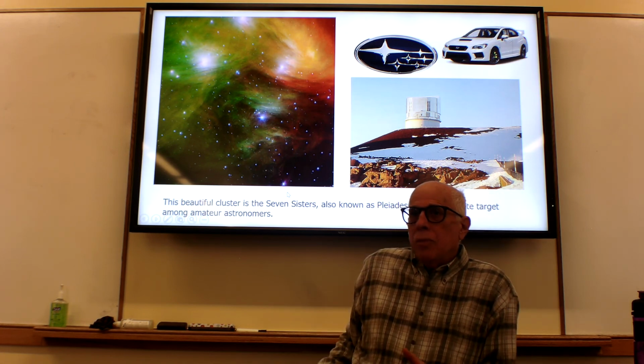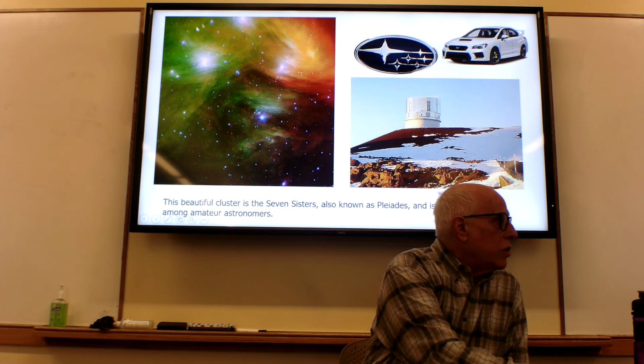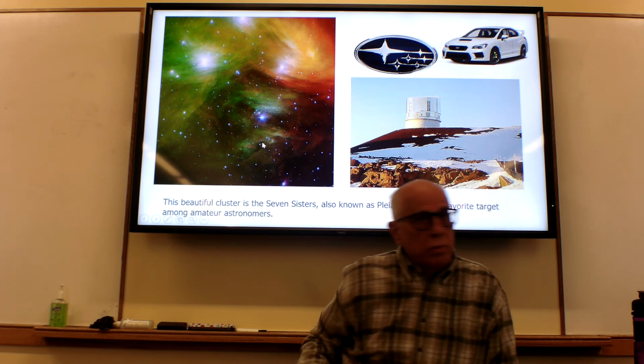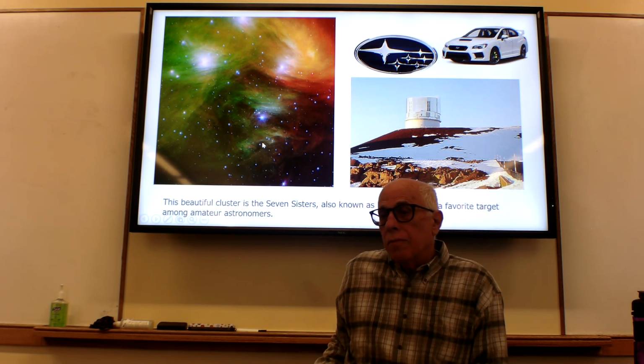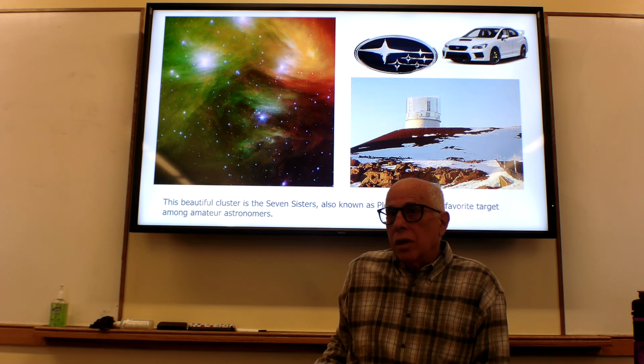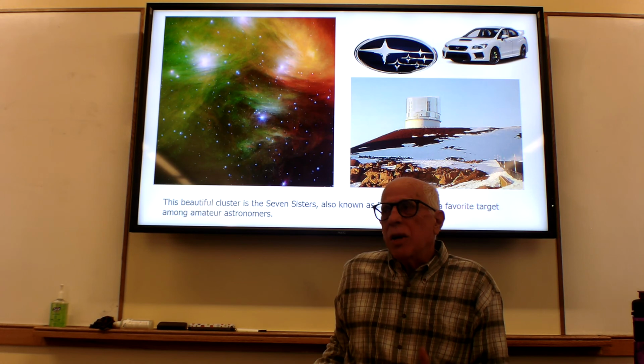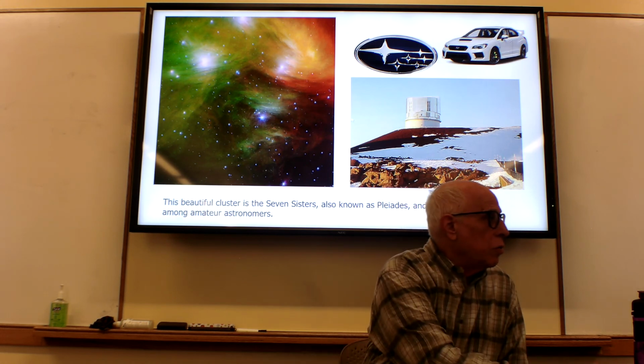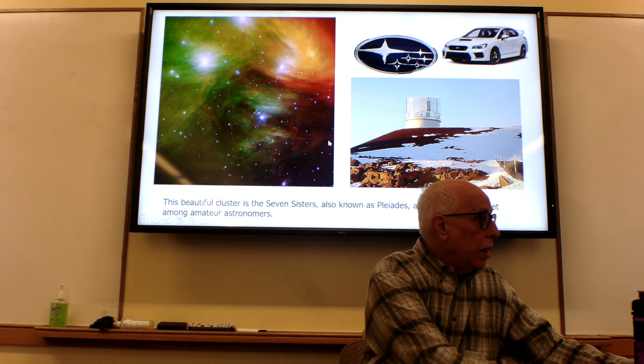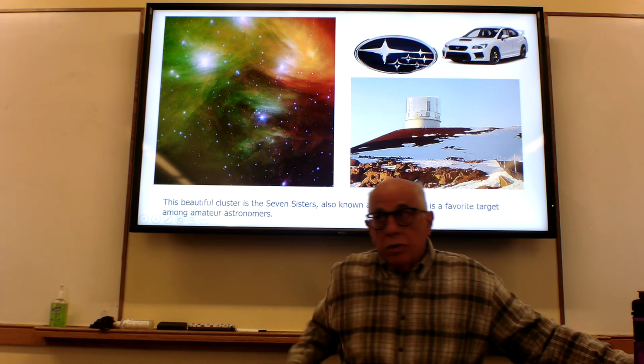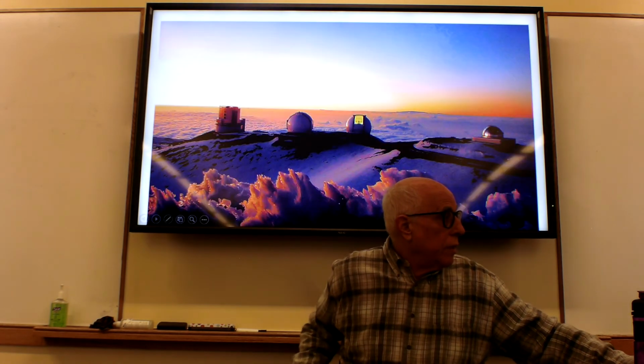So for astronomers, they know there are actually 7 bright stars visible. If you have good vision, you can see them without optical aid. But only 6 of them are really visible, and that's what Subaru grabbed. The 7th one is a little less visible. And the Greeks called it Pleiades.